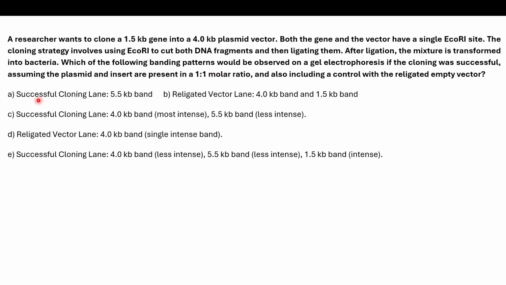When you run the complete ligation mix on an agarose gel, how many bands would you see? They say that cloning is successful. So would you see a 5.5 kb band? Would you see a religated vector lane with a 4 kb band and a 1.5 kb band?